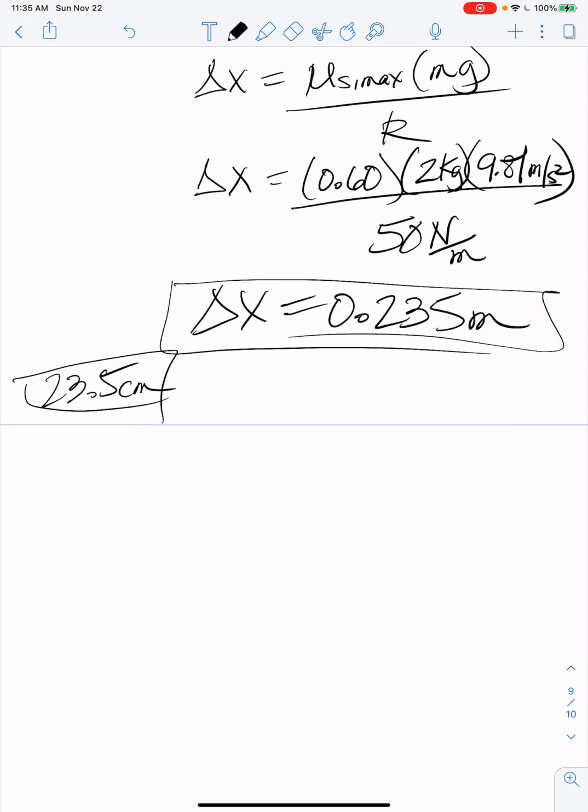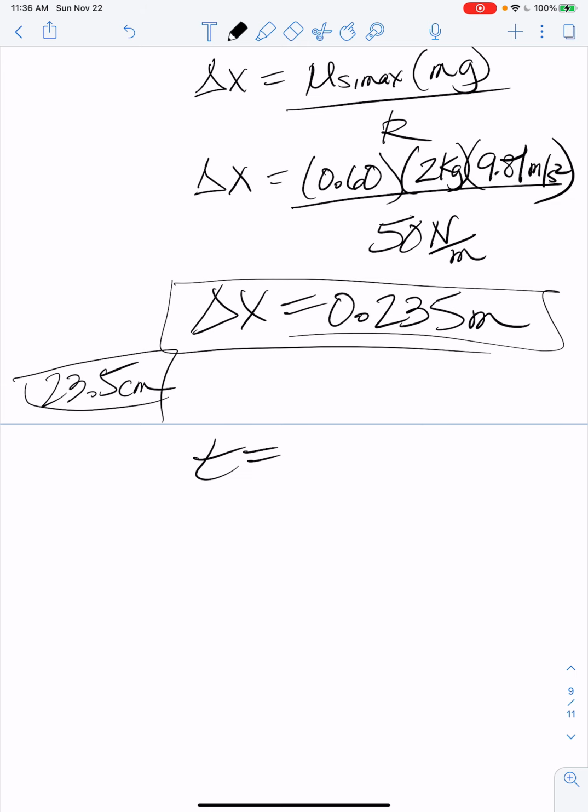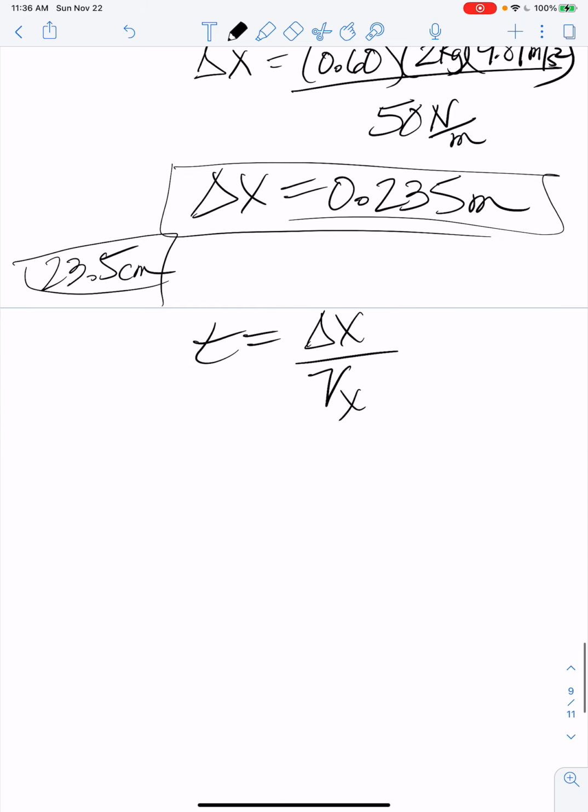All right, so what is that time though, right? That's what we wanted to know. Time is equal to delta x over vx, and vx is constant, so this is fine. We don't have to worry about a kinematic equation with an acceleration. This is what it simplifies to when ax is equal to 0.